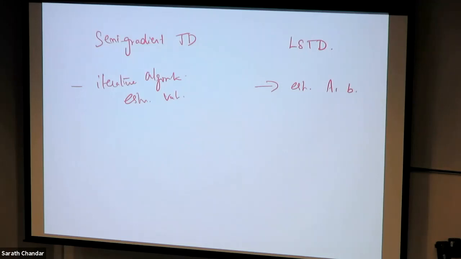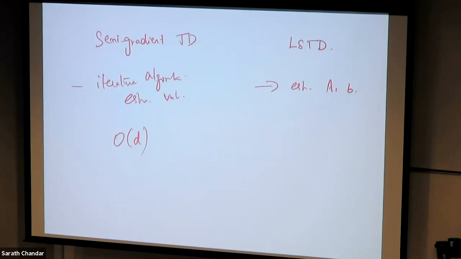Now, what are the computational complexities of these two algorithms? Semi-gradient TD is just order D. It's a linear complexity algorithm because it is just one update equation, based on the number of features.